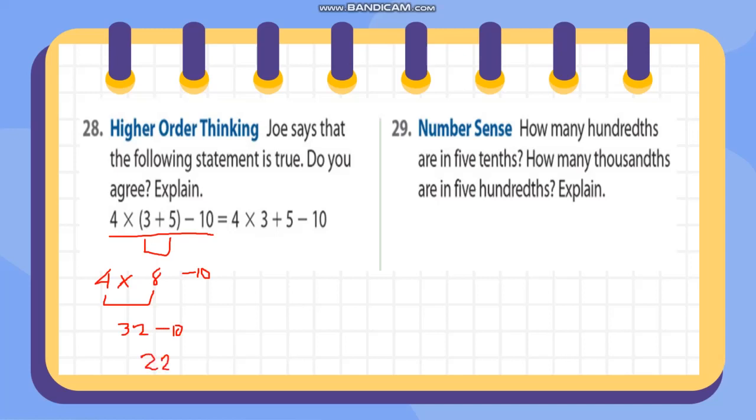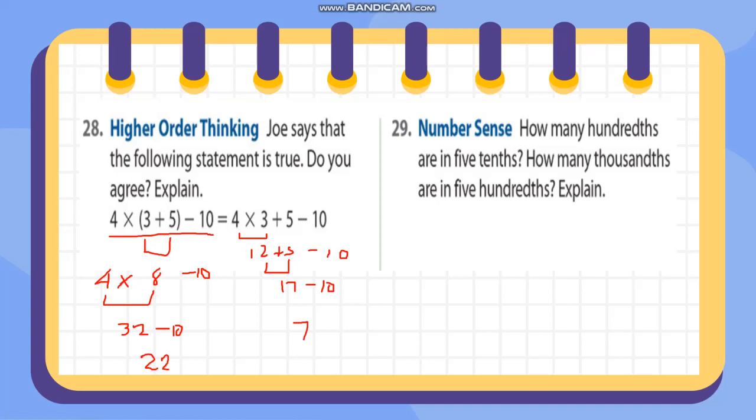And the other one, we have 4 multiplied by 3 plus 5 minus 10. So multiplication first, 4 multiplied by 3 is 12, 12 plus 5 minus 10. So addition and subtraction, but the addition comes first from left to right, so 12 plus 5 is 17, and 17 minus 10 is equivalent to 7.